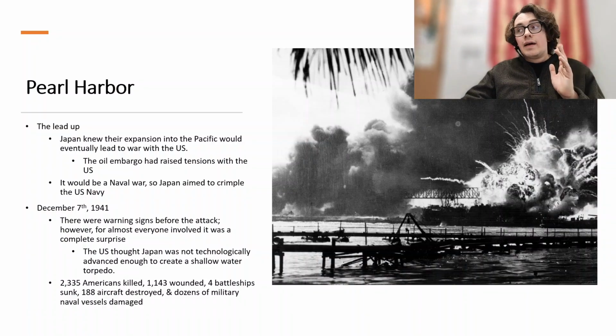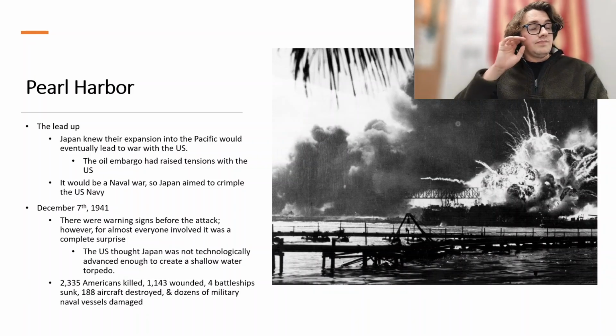It is a super successful surprise attack. The only reason the US is really able to get around it is because we're able to outproduce the Japanese. We're able to make ships and airplanes a lot quicker and more efficiently because we are very, very geographically privileged.